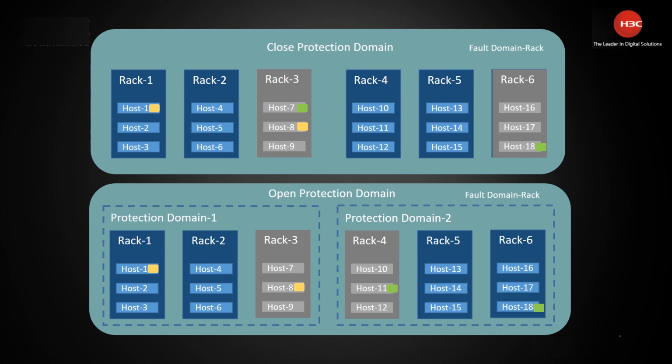Only when 2 rack failures occur in the same protection domain at the same time can data loss be caused. In this way, the entire cluster can allow up to 2 racks to fail, which further improves reliability compared to not enabling the protection domain function.